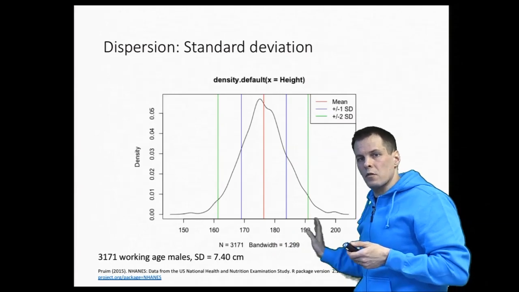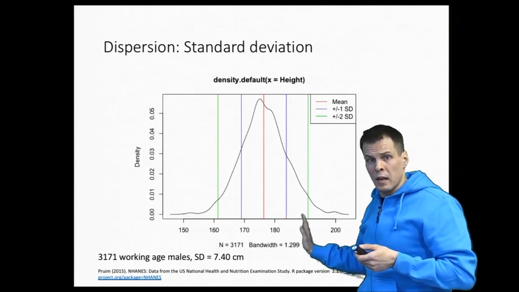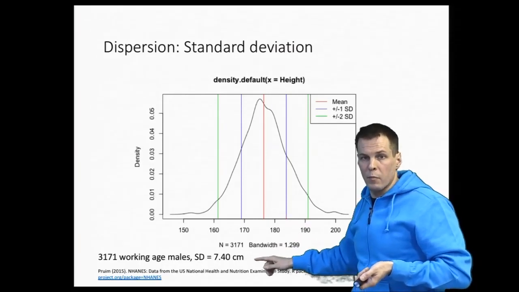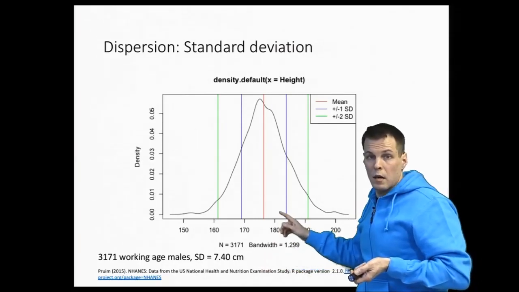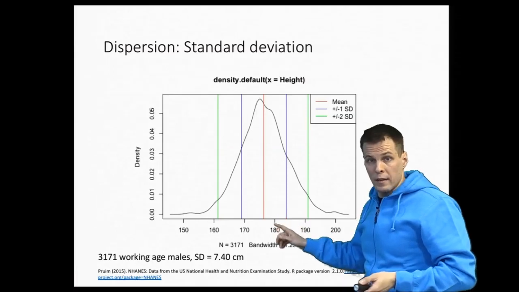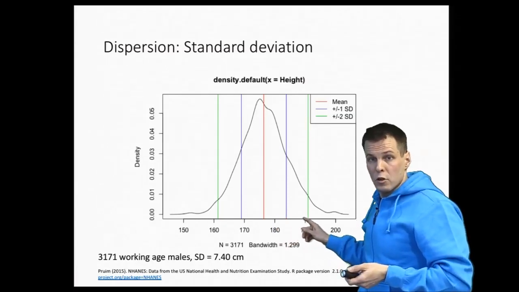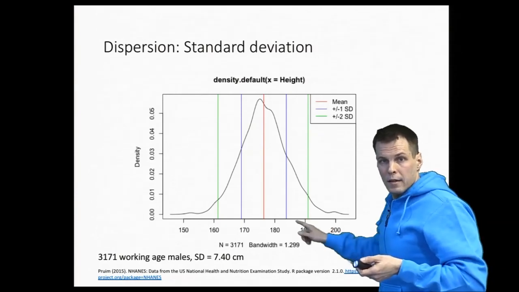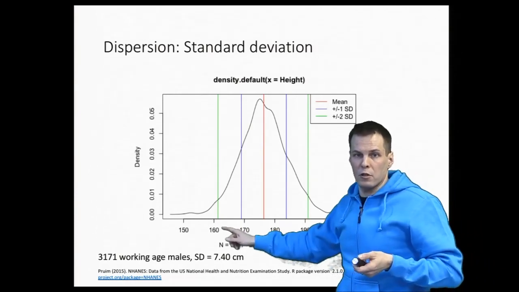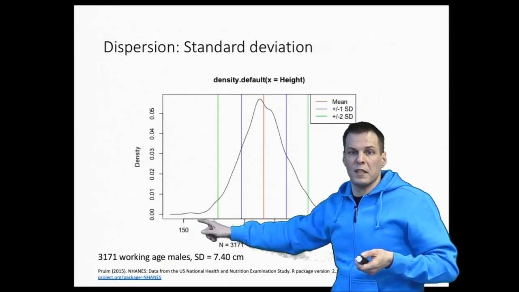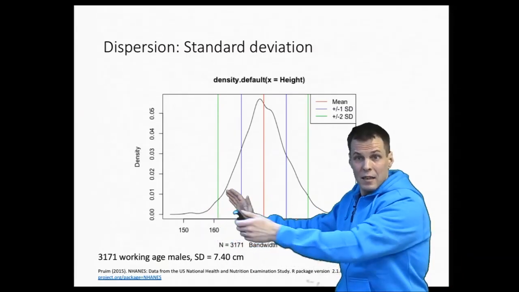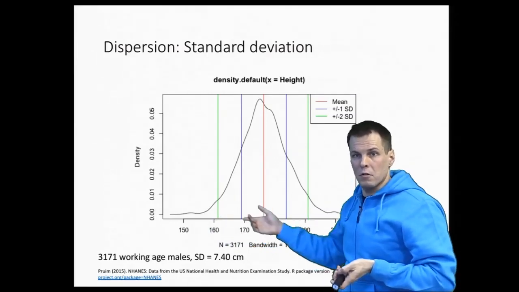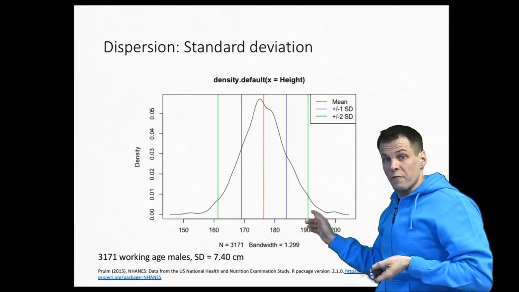Here the standard deviation is about 7.4 centimeters. If it was 10 centimeters, it would mean that plus 2 standard deviations would be a bit less than 2 meters, and minus 2 standard deviations would be a bit more than 150 centimeters. So it will tell us that people's heights vary more. Standard deviation tells how much the observations vary.